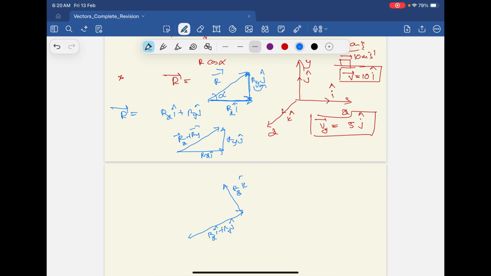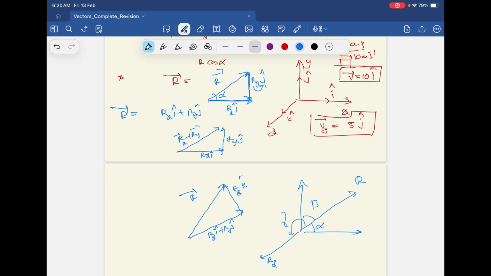So when a vector is in space, this is r bar. Its x component is rx, y component is ry, z component is rz. And if this angle is alpha, this angle is beta, and this one is gamma, then the perpendicular on this gives the x component rx, the perpendicular on this gives the y component ry, and the perpendicular on this gives rz.